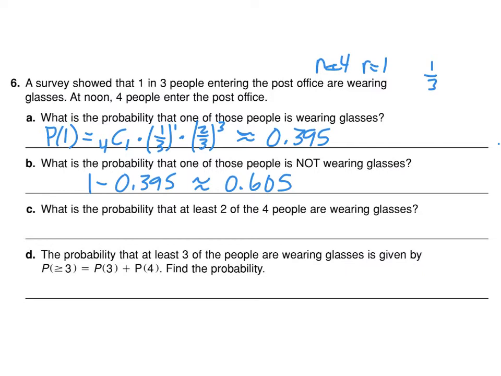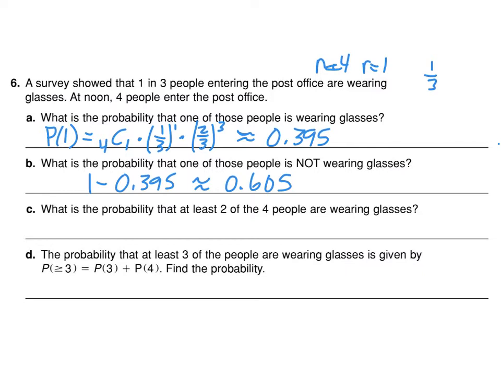Okay, moving on to letter C. What is the probability that at least 2 of the 4 people are wearing glasses? If we're looking for at least 2, that means we want P2 plus P3 plus P4. We've got to add all those together.